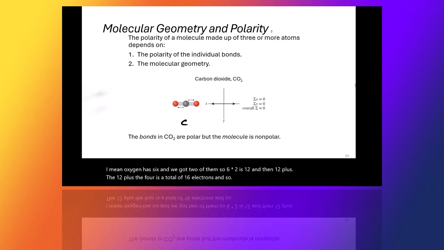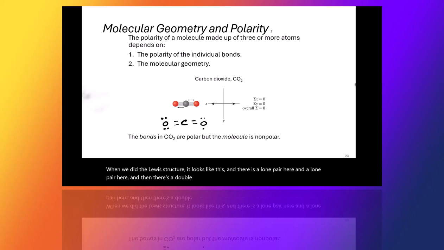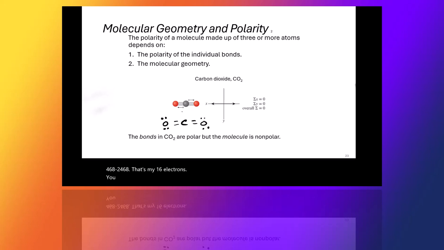When we did the Lewis structure, it looks like this, and there is a lone pair here and a lone pair here, and then there's a double bond and a lone pair here and a lone pair here. So 2, 4, 6, 8, 2, 4, 6, 8. That's my 16 electrons.